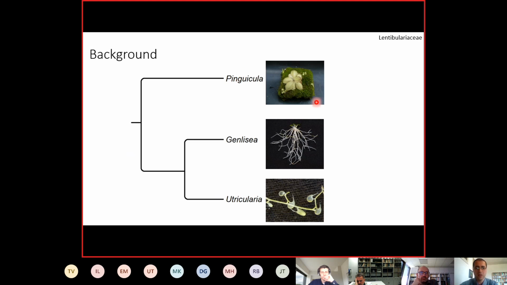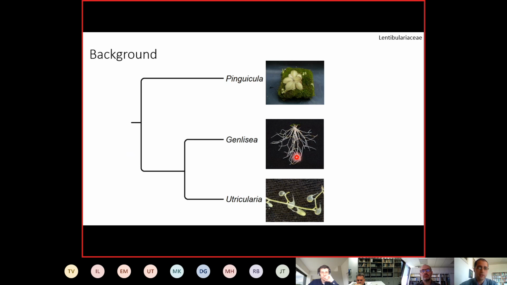quite remarkable only by the leaves equipped with glandular trichomes, which makes them adhesive traps, but their body plan is standard. On the other hand, the genera Genlisea and Utricularia are quite unique in their severely altered morphology because they completely lack roots.